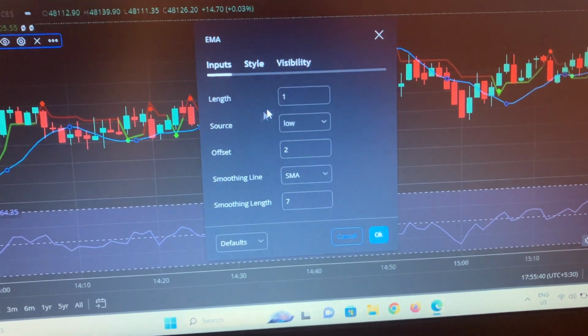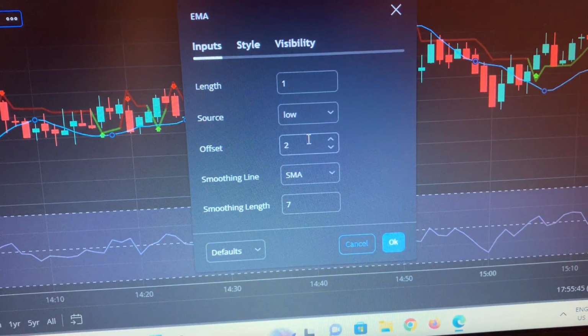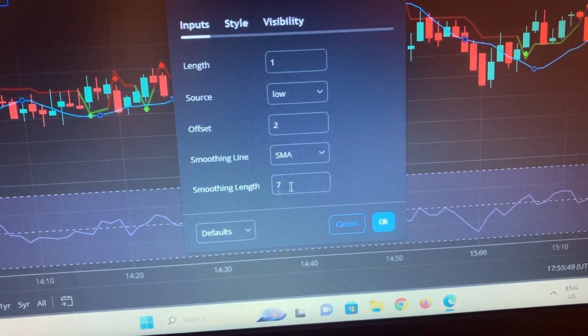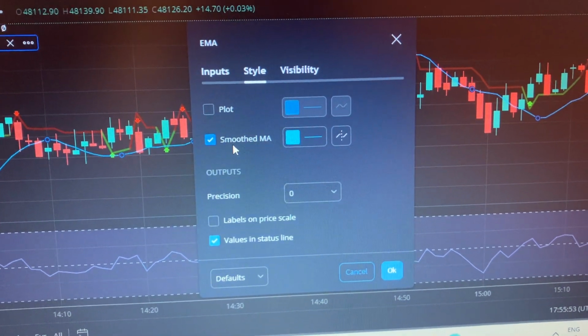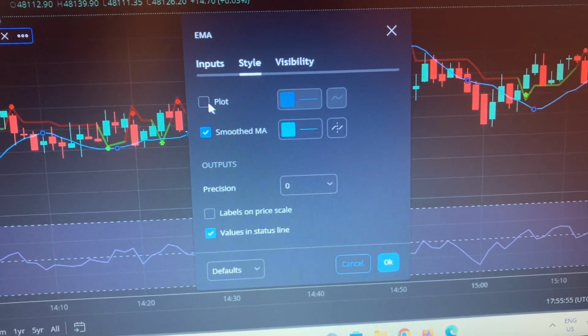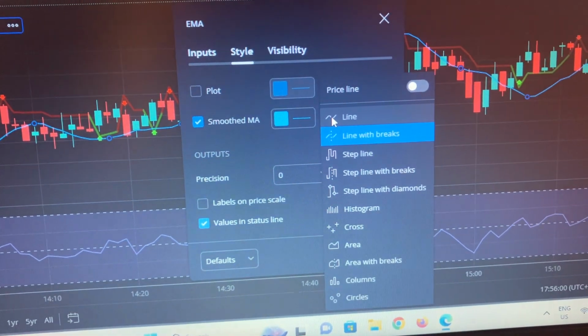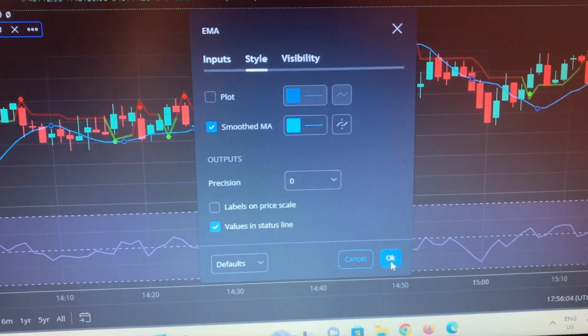The input length is 1, source is low, offset is 2, smoothing line is SMA, and you need not worry about this at all. In style, I have used only smoothed EMA. I'm not using a plot. So smoothed EMA, and I'm using a line with breaks, and then click on OK.